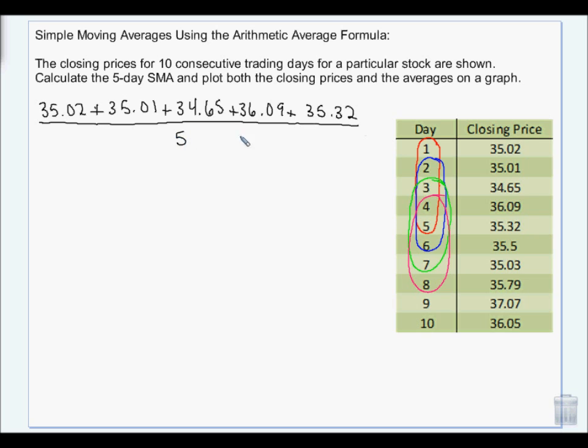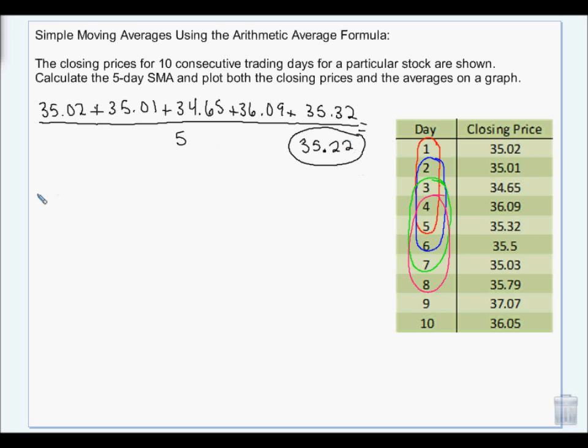And I divide it by 5 because that's how many days it was. This is my average for this first clump, right? The first set of 5 days is 35.22.